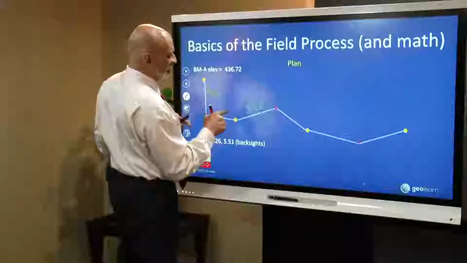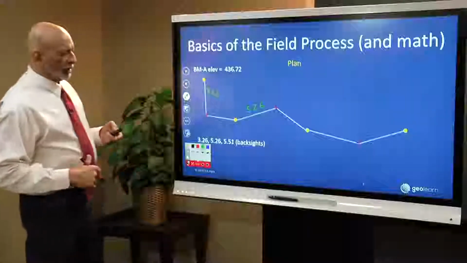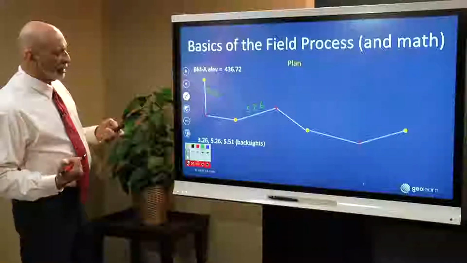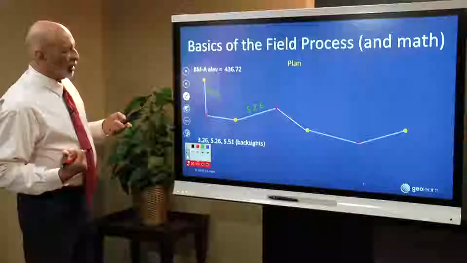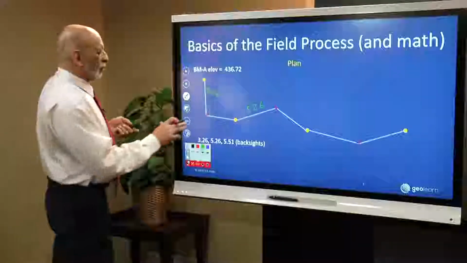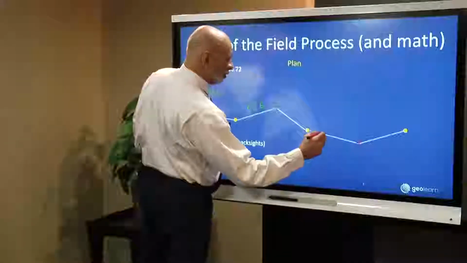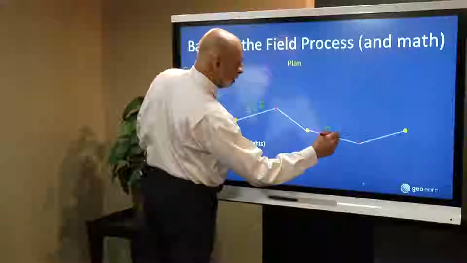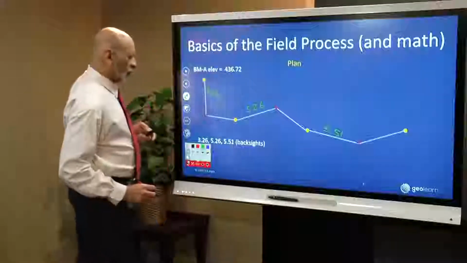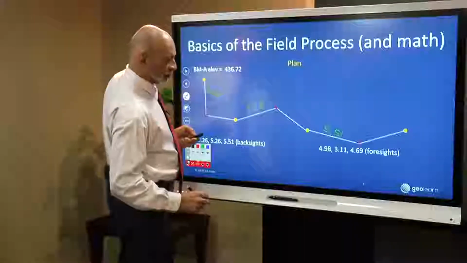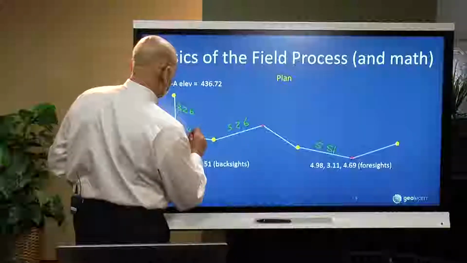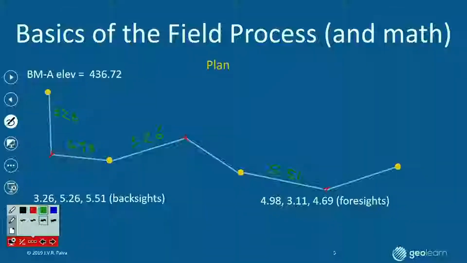So remember that the turning point always needs to be a solid point that you can set up the rod on that's identical as far as elevation is concerned to when you foresighted it. And then the last backsight would be 5.51. And then you would write your foresights in: 4.98, 3.11, and 4.69.